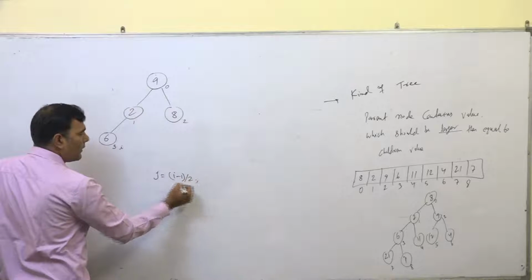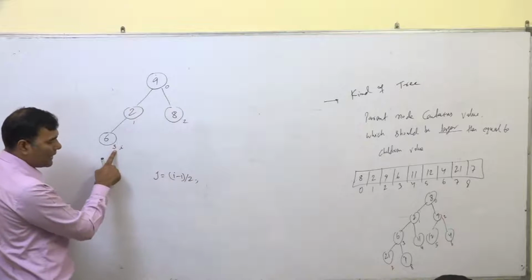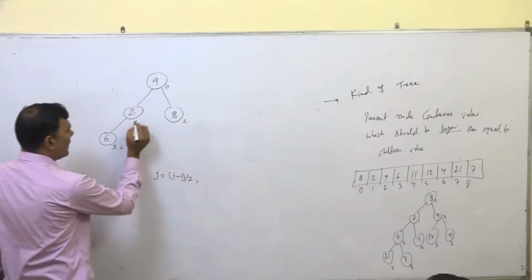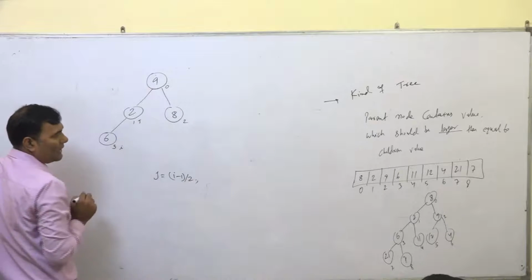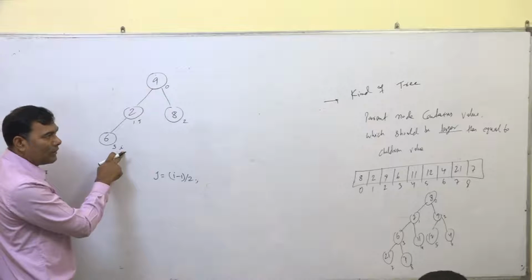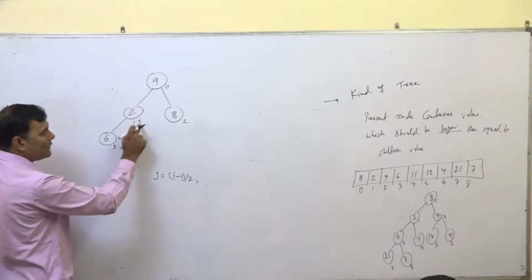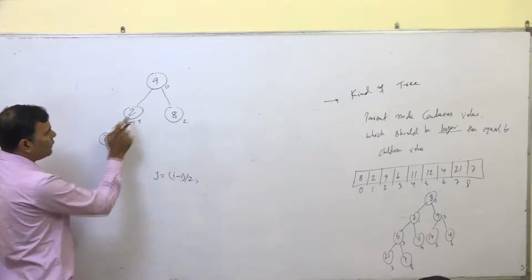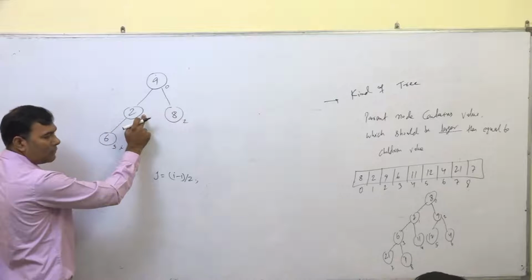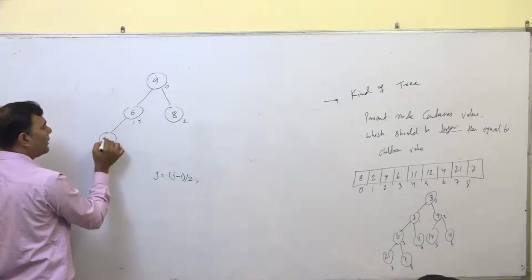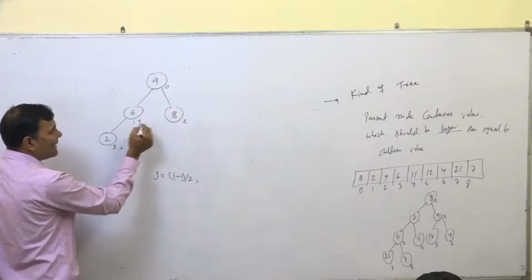So I is 3, so 3 minus 1, 2 upon 2 is 1. So it is J. I points to the location where the new element is, and J is the parent of that element. Whether you can swap or not: 6 and 2. Now try to change I to J.